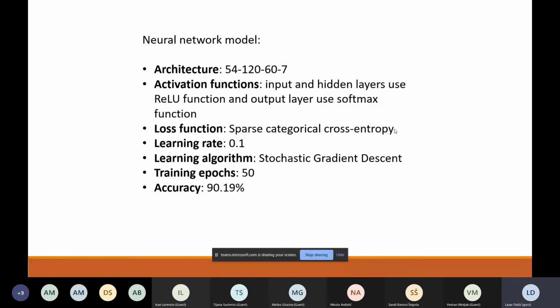As for the training algorithm or optimizer used for neural network learning, it is stochastic gradient descent. And this is probably the most known and most commonly used algorithm, even though today it is slowly being replaced by ADAM or ADAGRAD that are built on SGD.